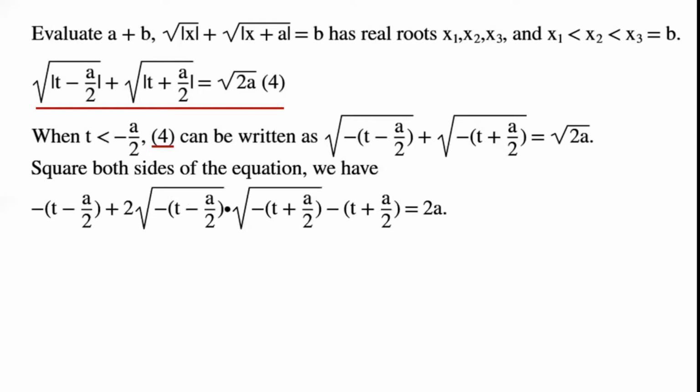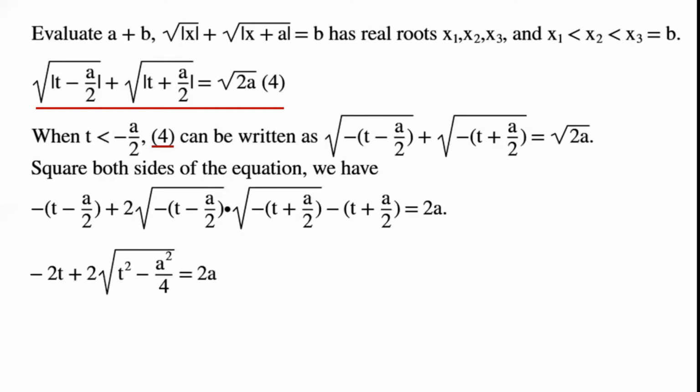We have minus t minus a over 2 plus 2 times root of minus t minus a over 2 times root of minus t plus a over 2, minus t plus a over 2 equals 2a.